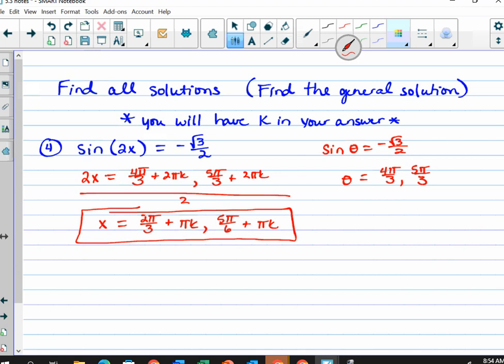Because sine equals negative root 3 over 2 in 2 places on the circle. Since this said all solutions, that means you're going around the circle over and over. So you're hitting that answer here and here, and here and here, and here and here, forever. That's what the k counts for, going over and over.